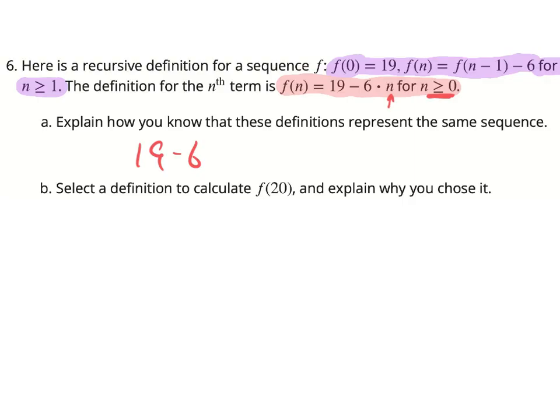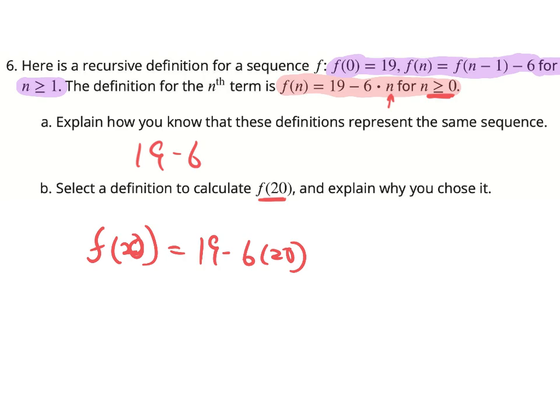Now, select a definition to calculate f of 20. All right, so f of 20 is an input. I would choose the explicit definition. Why? If we calculate it, we get 19 minus 6 times 20, and it's just a simple calculation.